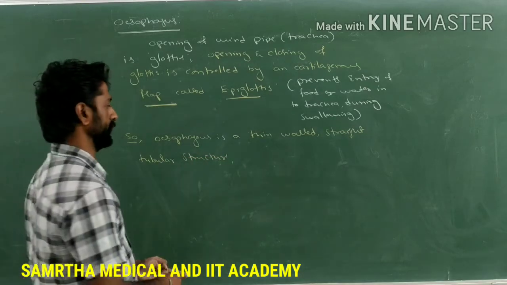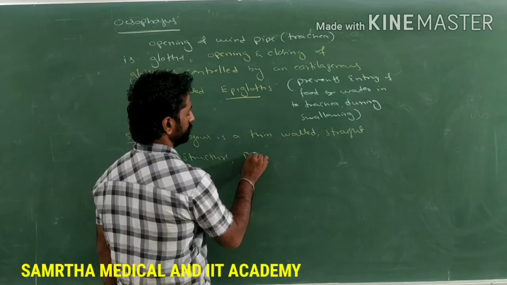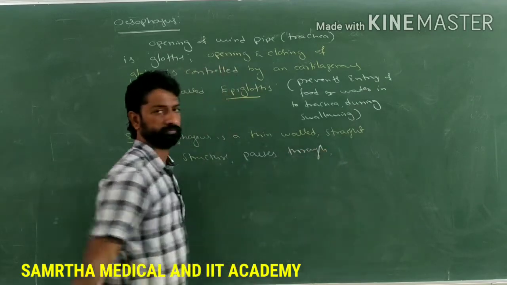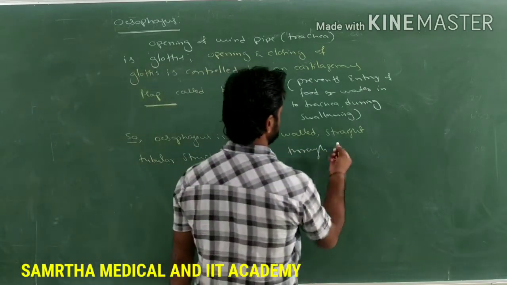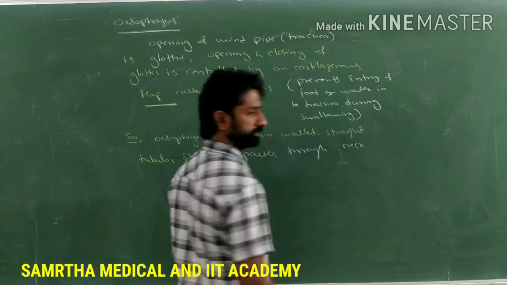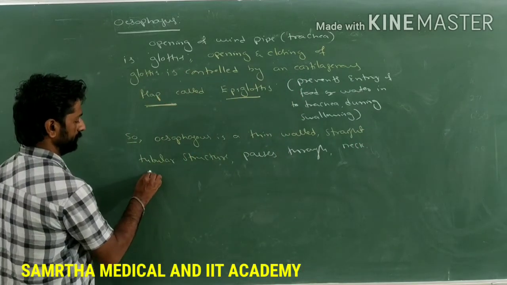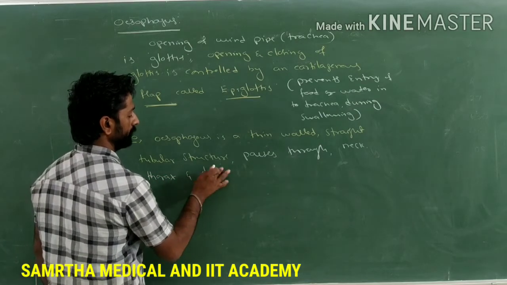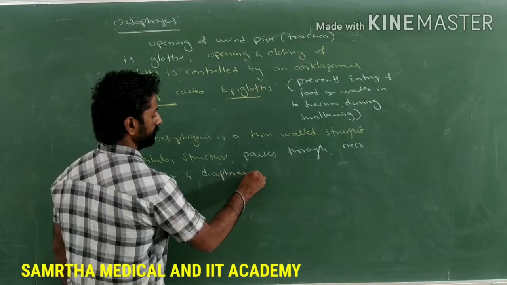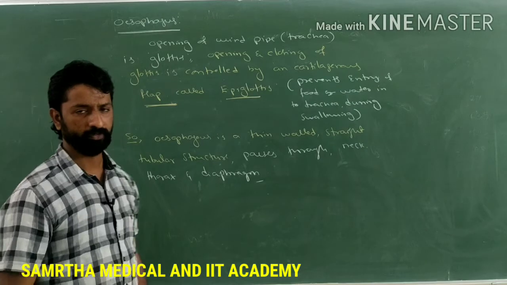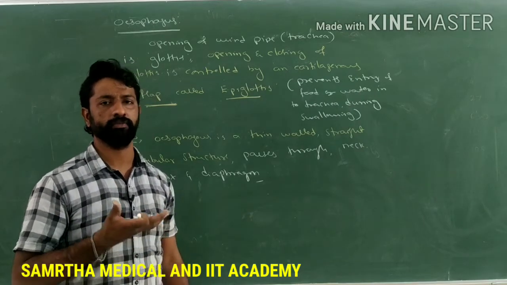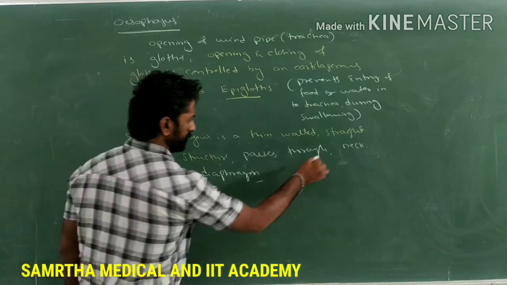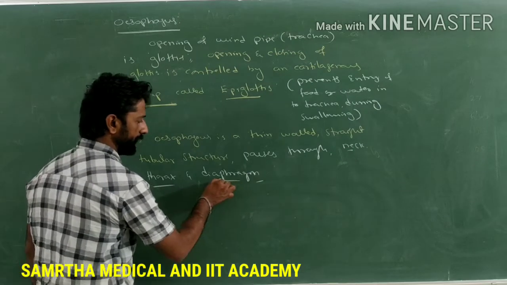It passes through the neck, thorax and diaphragm. What do you mean by diaphragm? It's a muscular membrane which separates the abdominal cavity from the thoracic cavity. So the esophagus passes through the neck, thorax and then the diaphragm.